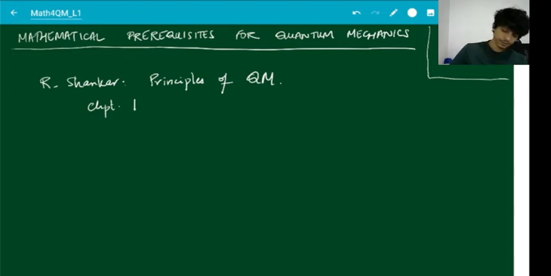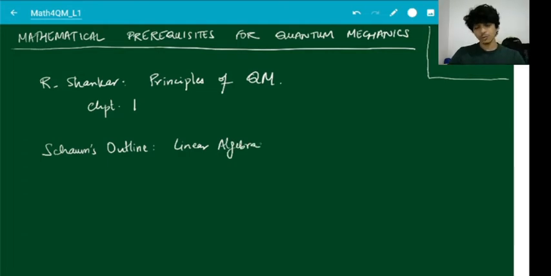Apart from that, you can also look at Schaum's Outline, I think the book is called Linear Algebra, which also has a lot of problems, both solved and unsolved. So that's a very good resource for you to see how problems are solved and then pick up problems and solve them yourselves. Okay, so that's it as far as introduction is concerned. Let's jump right into it.